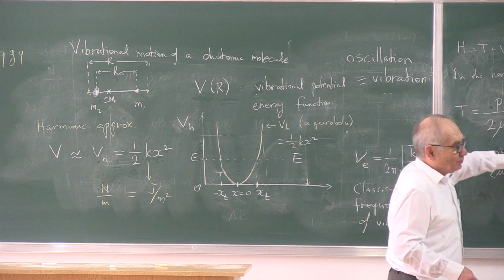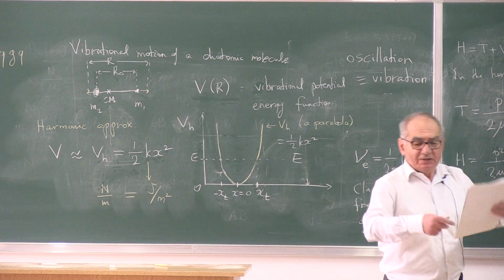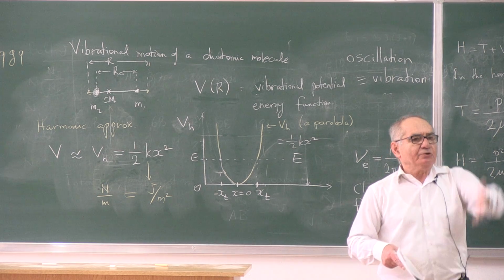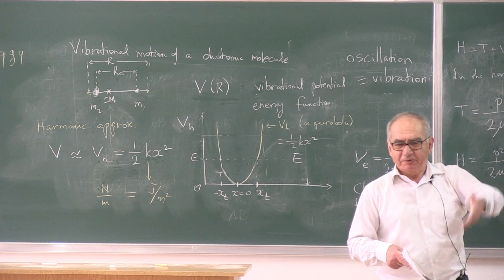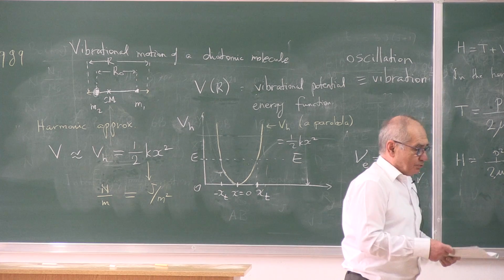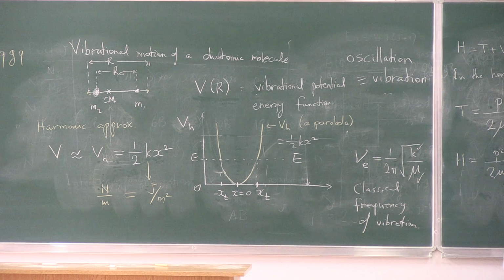A positive number gives positive number. The lowest is 0, but there is no upper limit for the positive energy values. We will see that for the lowest energy level, quantum mechanically, 0 is not permitted, is not allowed. The lowest quantum mechanical energy is higher than 0.